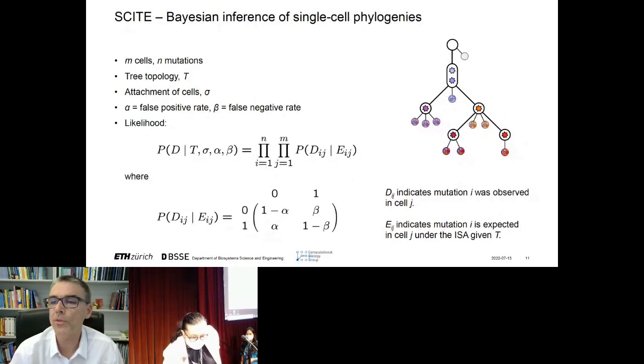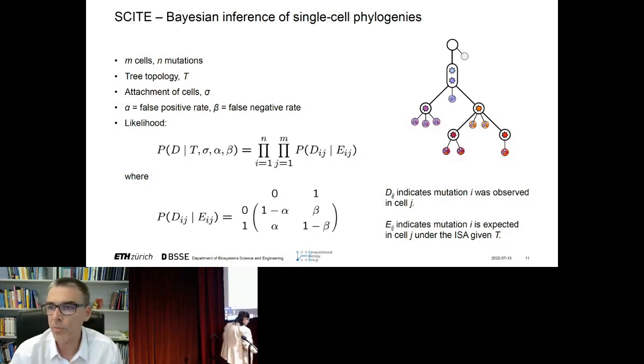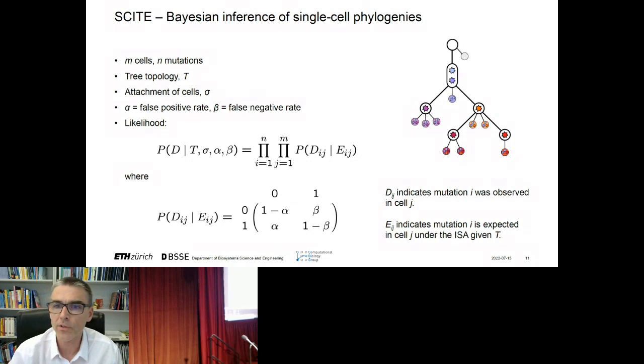It does not care about the attachment of the individual cells, but it has two parameters accounting for noise in the data, because noise is a very strong factor in single cell sequencing data, and we definitely need to take it into account.